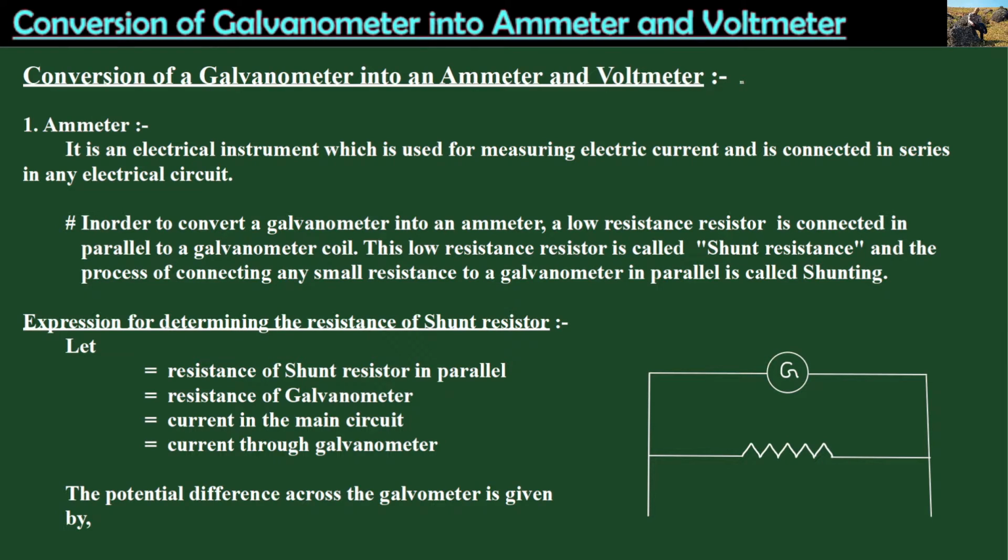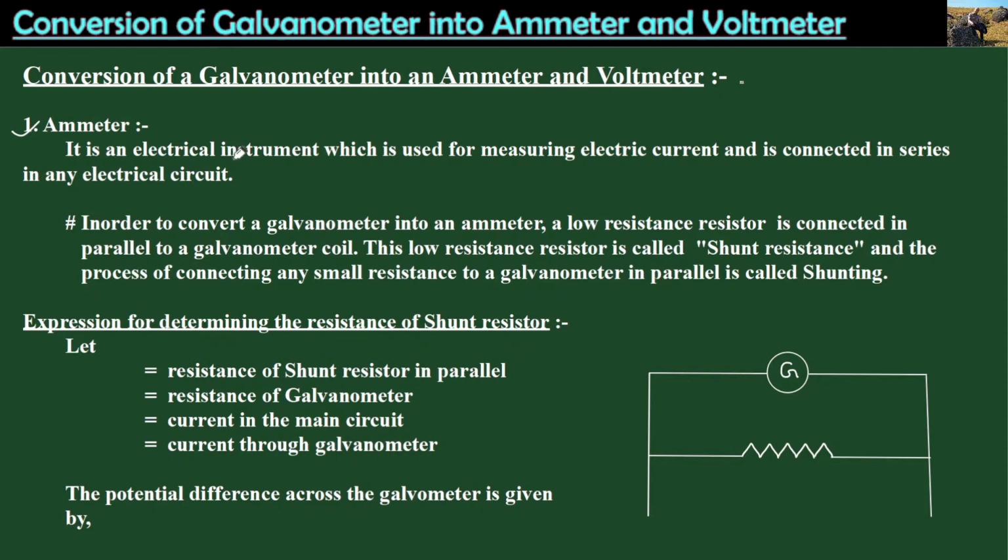In this teaching module, we will emphasize one important topic of discussion, which is the conversion of a galvanometer into an ammeter and a voltmeter. Number one, we will focus our attention on an ammeter.